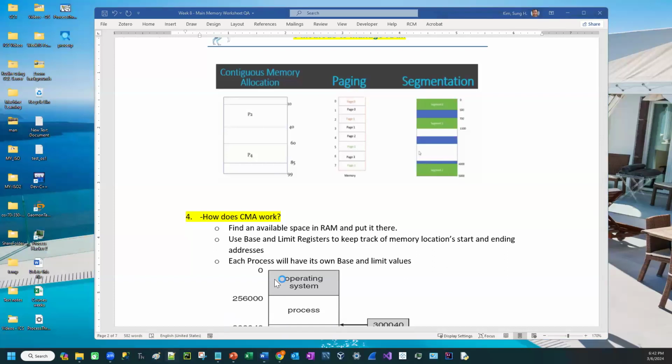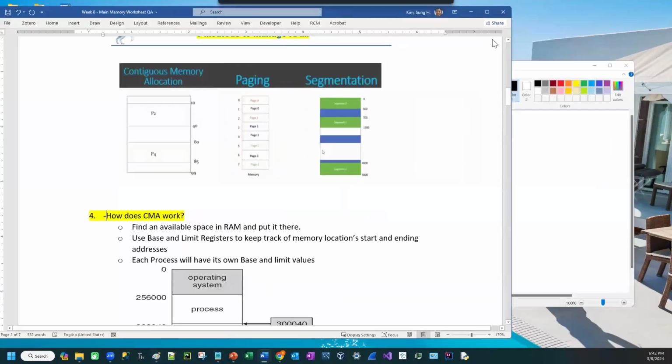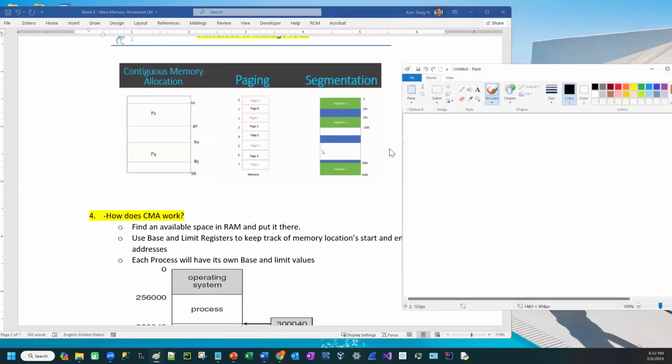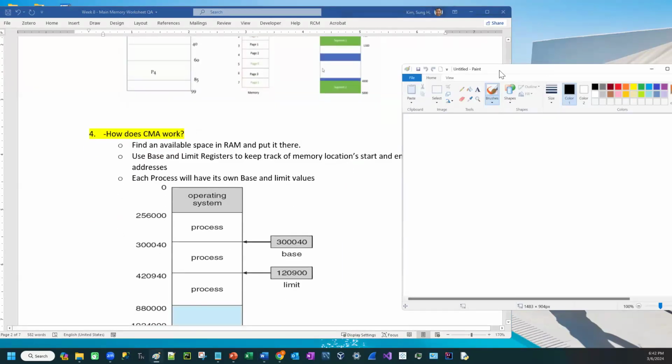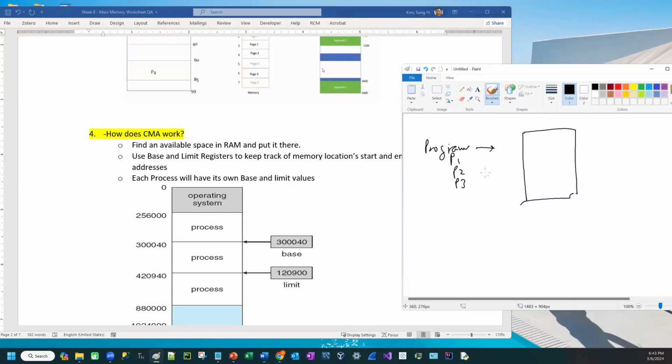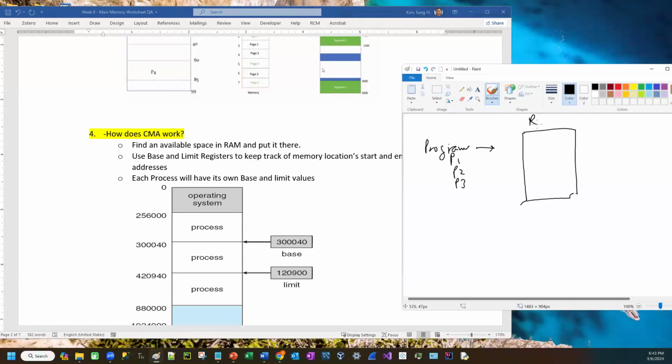So if you're using a CMA, and here are the programs, and as they are being loaded onto the RAM, let's say there's program 1, program 2, program 3, a part of this will come here, right?